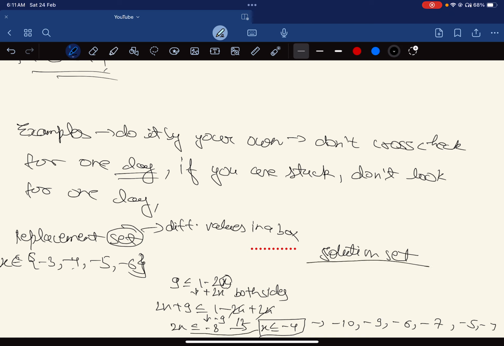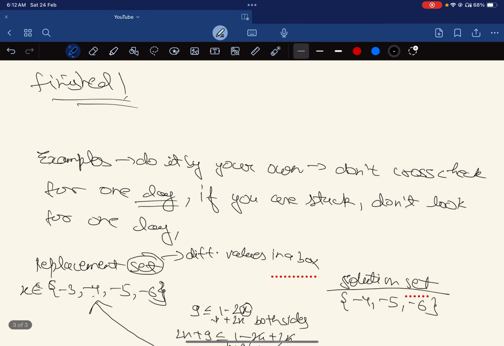Our solution comes from the replacement set. It said less than or equal to -4. We will look at all the values which are less than or equal to -4 from the replacement set, and that will be our answer. Our answer will be the solution set: -4, -5, and -6. Can you plot this on a number line?